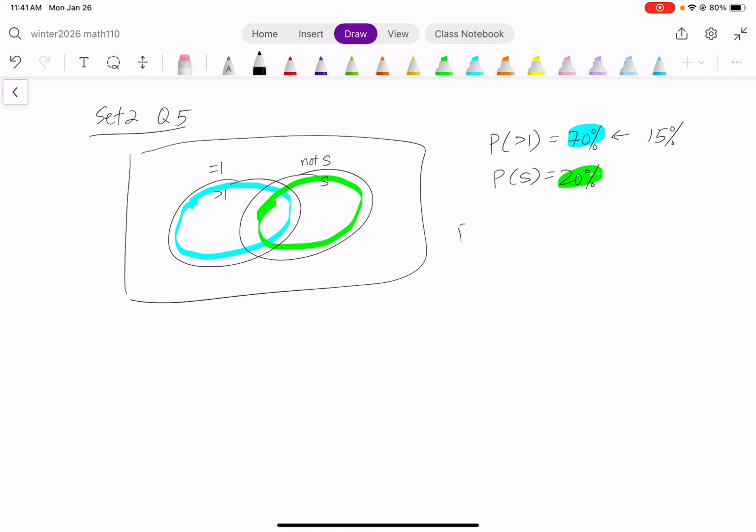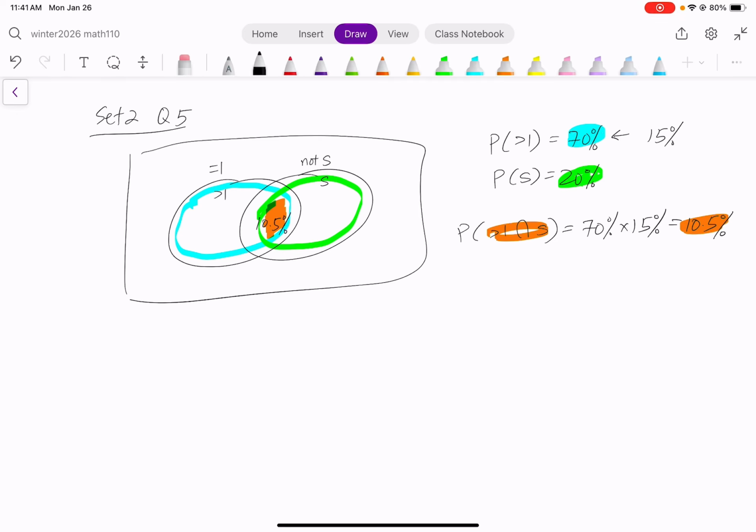Which means the probability that it's greater than one car and a sports car is 70% multiplied by 15%. That will give you 10.5%, and that is right in the middle, this particular piece.